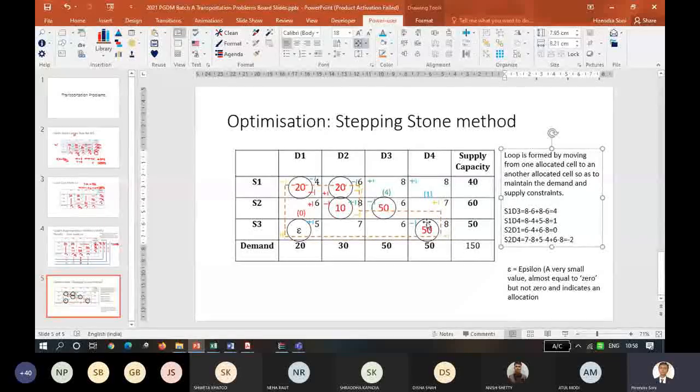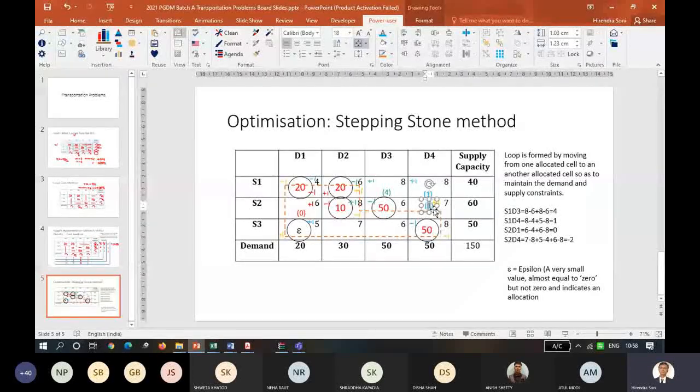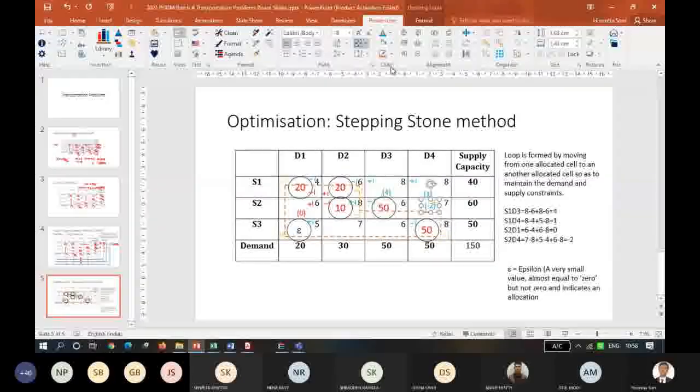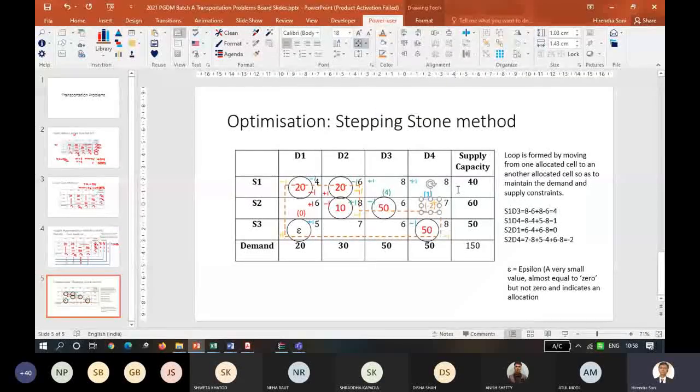So just copy this और इसी को मॉडिफाई कर देंगे. -2 and the font color would be ऐसे ले लेते हैं so that it would be visible and I'm making it bold.